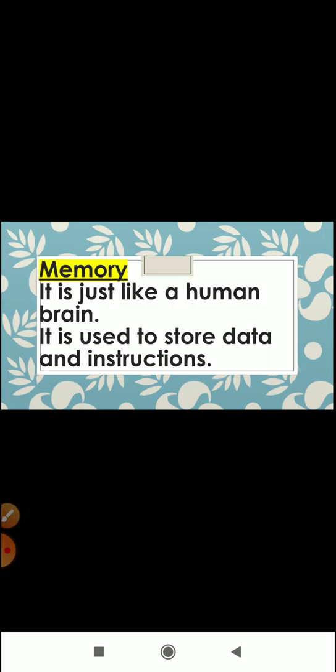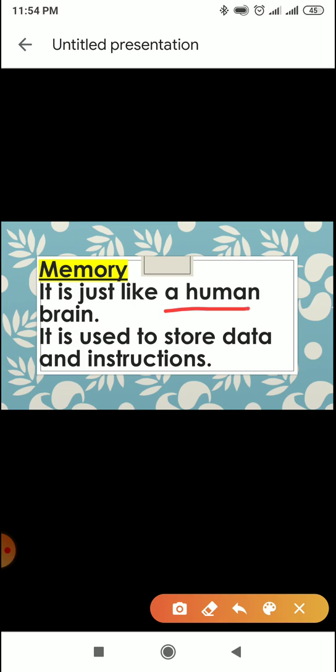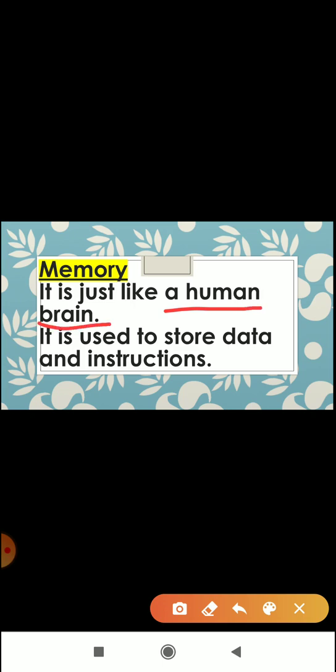Next is memory. What is memory? It is just like the human brain. We use our brain to store information. Same in a computer. Memory is the place where we store the data or the information, or we can say the instructions also, which are given by the user or processed by the computer.